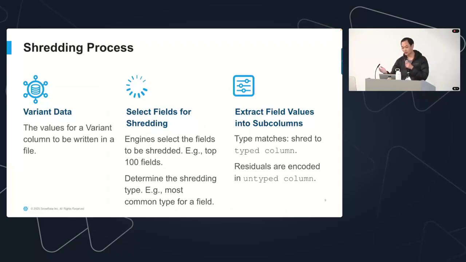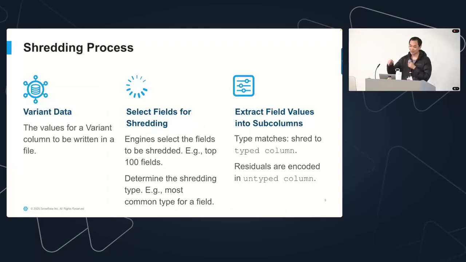The third one is I can extract the values and shred them into subcolumns. If the field value matches the shredding type, then I can shred that into a typed column. For example, for event type, say I shred into string, and the value is login, it's a string.